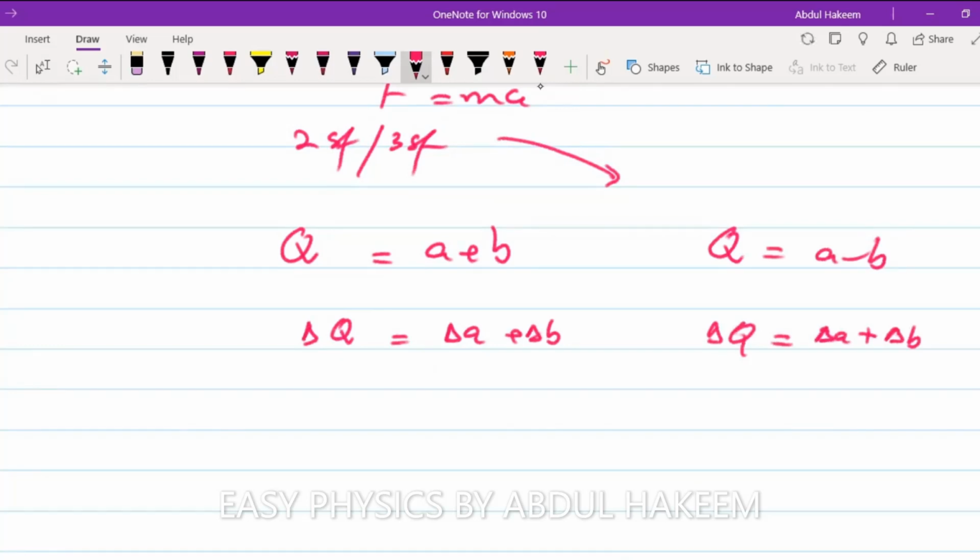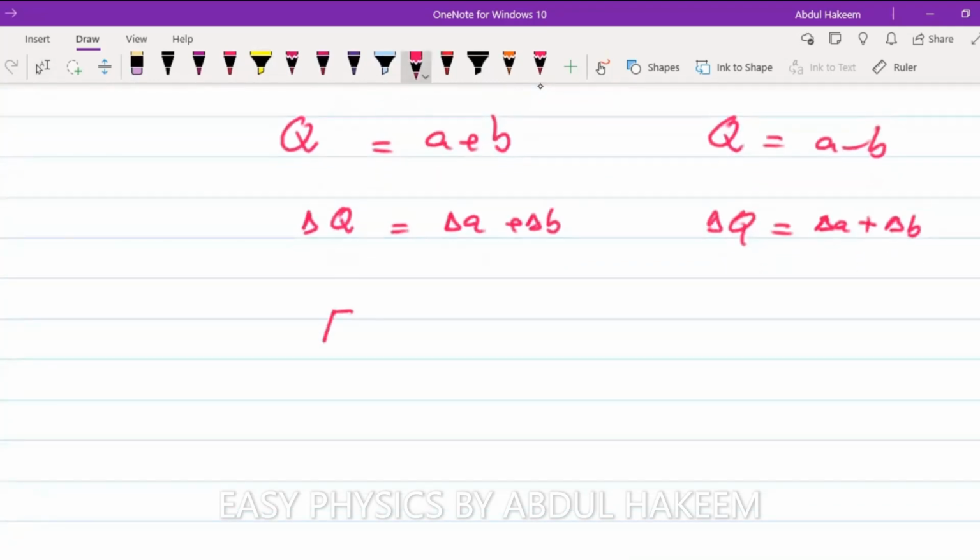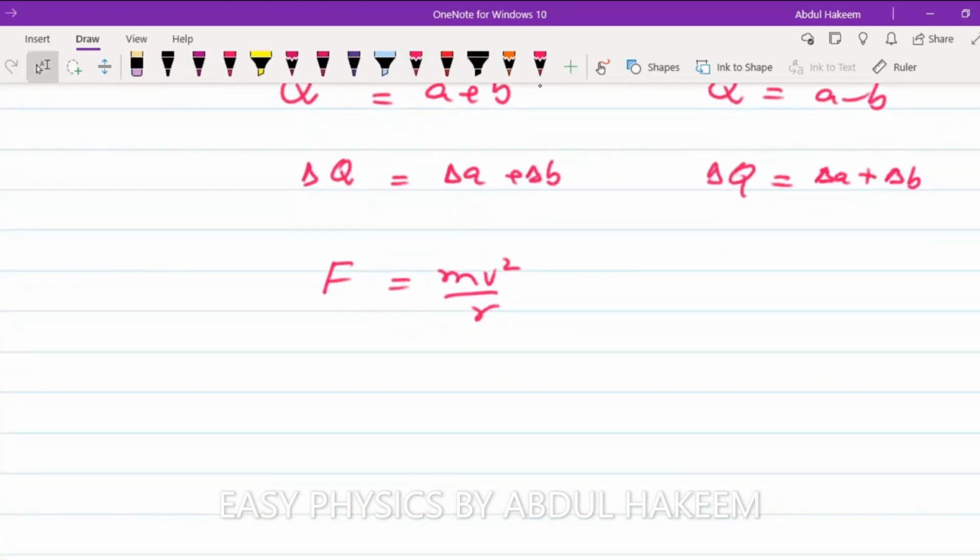But in multiplication, in division, and in the index, meaning the power, for example, F is equal to mv square over r, the reading is determined from the formula, but the error is calculated either by the addition of fractional uncertainties, or by the percentage uncertainty.